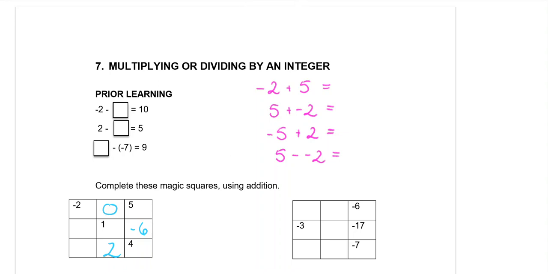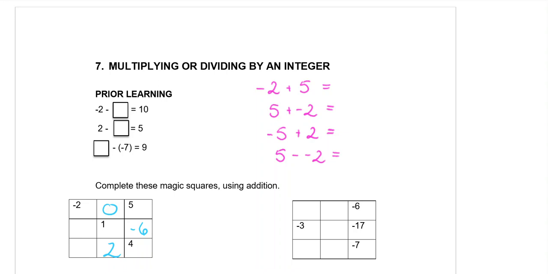First of all, starting with these 3 prior learning questions. The trick with these ones is that we were learning about double negatives last lesson. Remember, 2 negatives make a plus. So if we have -2 minus, quite likely there's going to be another minus sign here because we need to get to 10.